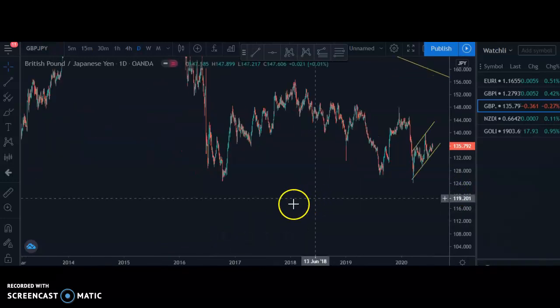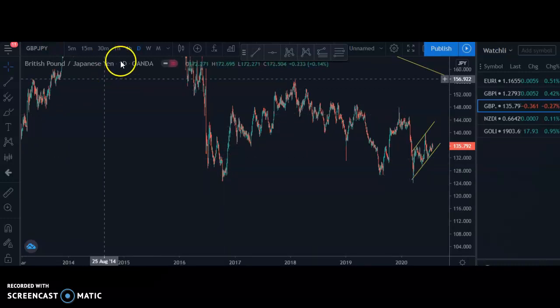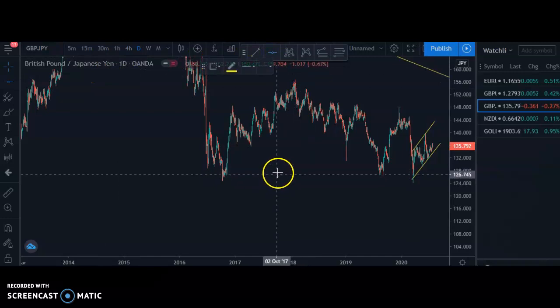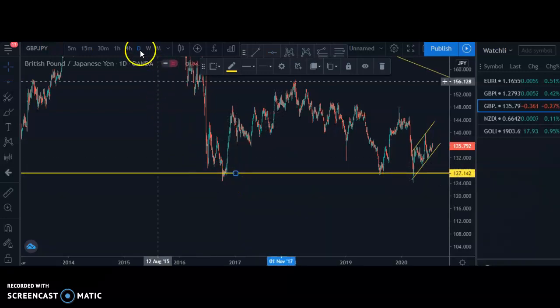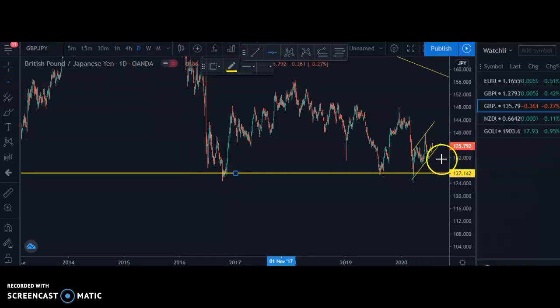So given this channel, we have our levels which the market respected as well. We have this level, I hope we all see it. At the same time, we also have this level.